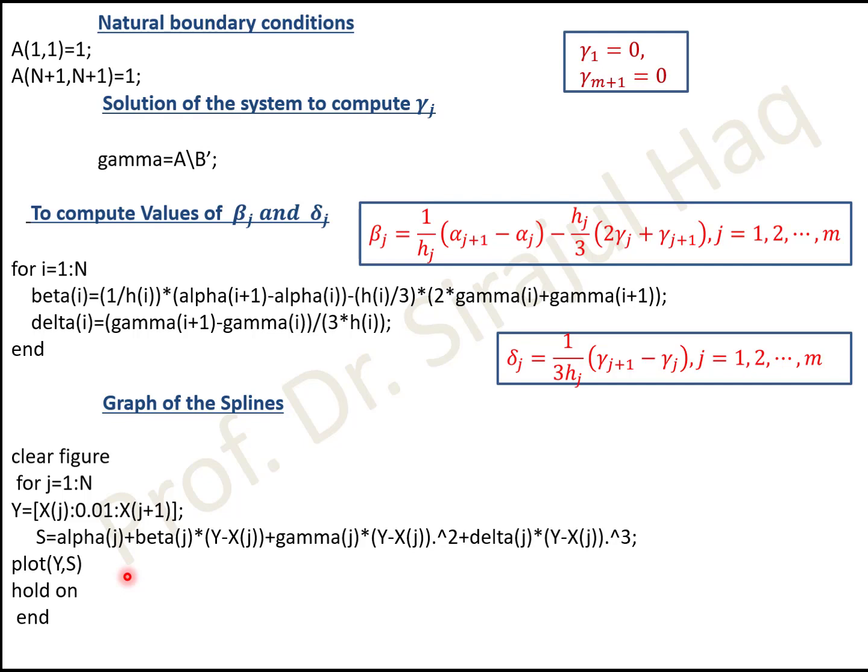So in the previous lectures, we computed all the values manually, analytically, and in this lecture we computed these splines graphically.